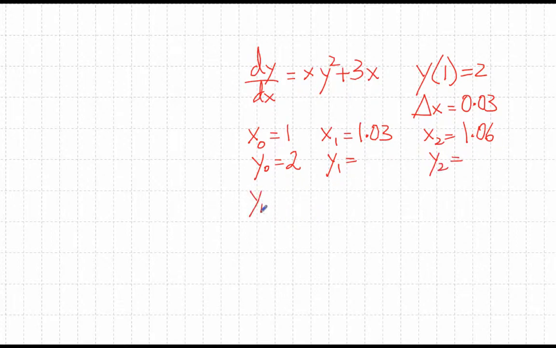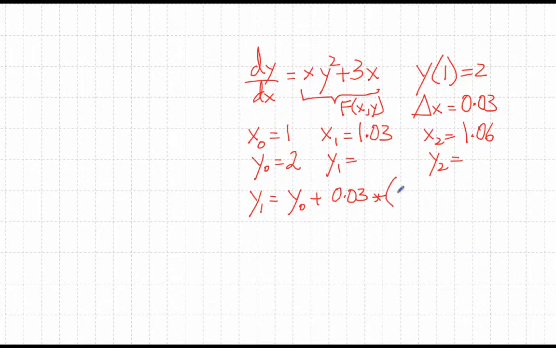Now y1 is y0, which is 2, plus delta x, which is 0.03, times f, this is f of xy, and we'll evaluate this at x equal to x0, y equal to y0.